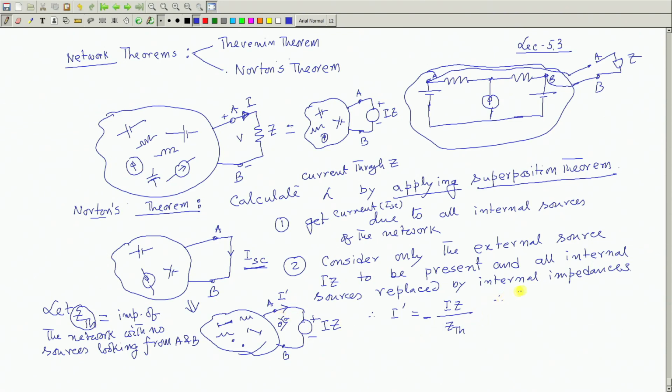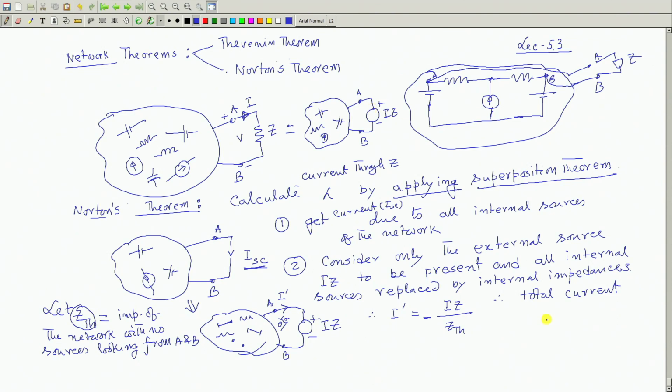Therefore, the total current when all the sources are present, meaning this I Z is present and all these internal sources are present, what will the current be?